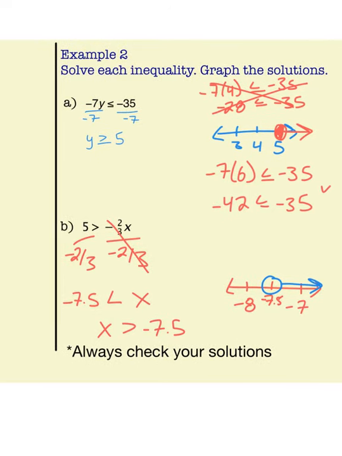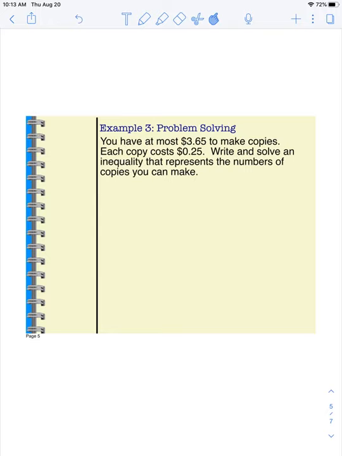All right, last example for today, we have some problem solving. You have at most $3.65 to make copies. Each copy costs 25 cents. Write and solve an inequality that represents the number of copies you can make. So each copy costs 25 cents, I'm going to pay 0.25 per copy. I have at most $3.65, meaning whatever I spend has to be less than or equal to $3.65.